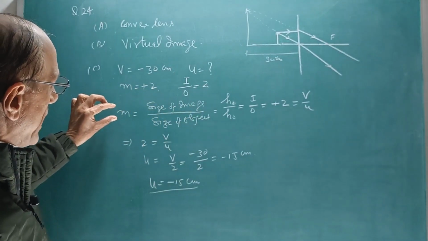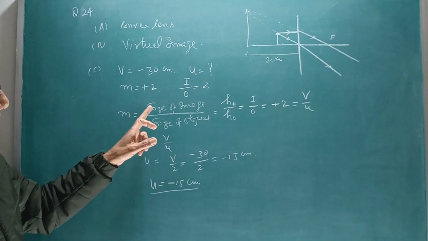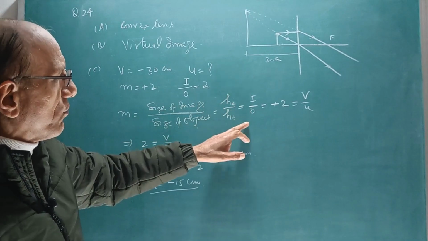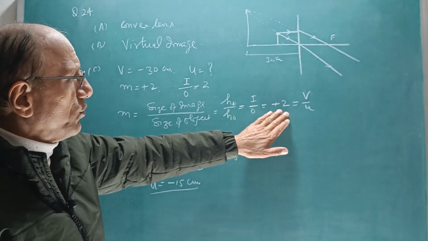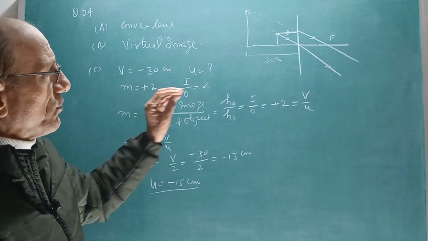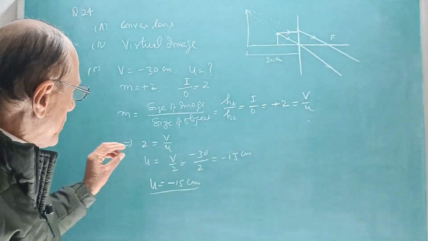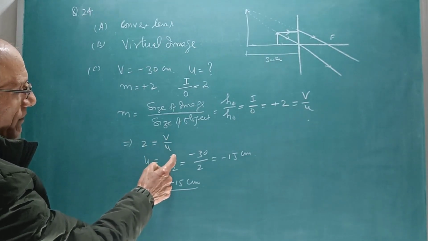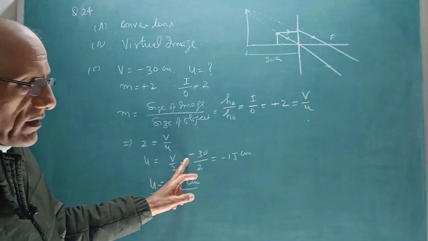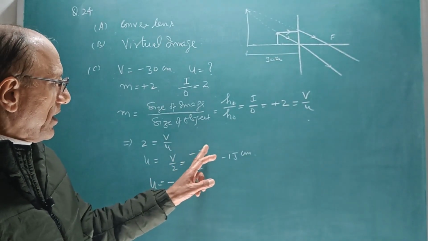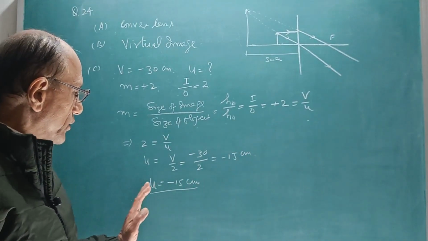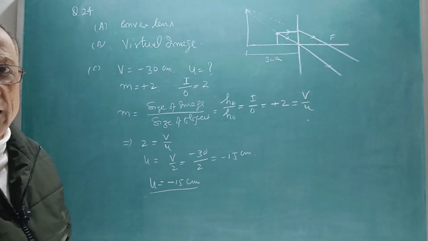So we know that M equals size of the image upon size of the object, that is Hi upon Ho or I upon O, that is plus 2. And we also know that M equals V by U in case of the lens. So therefore here 2 equals V by U. So U equals V by 2, replacing the value of V with minus 30 upon 2, we get minus 15 centimeter. So U equals minus 15 centimeter.